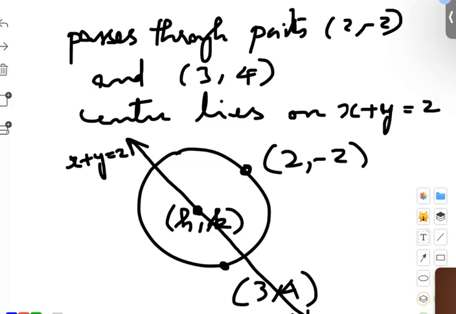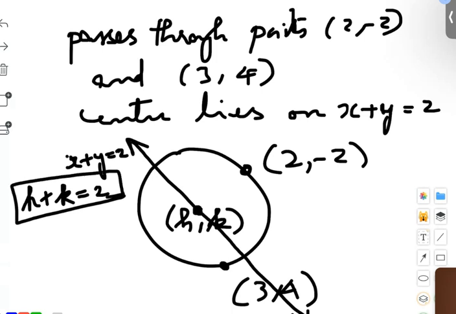So if the center h comma k lies on that, what does it mean? It should satisfy the equation because it lies on the line. Substitute h for x and k for y. So you will get h plus k is equal to 2.